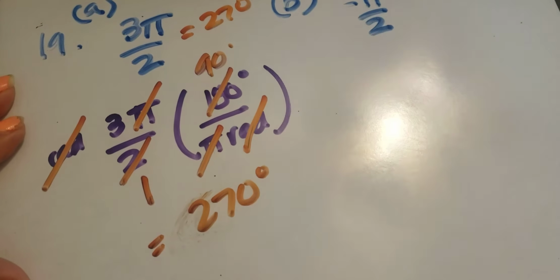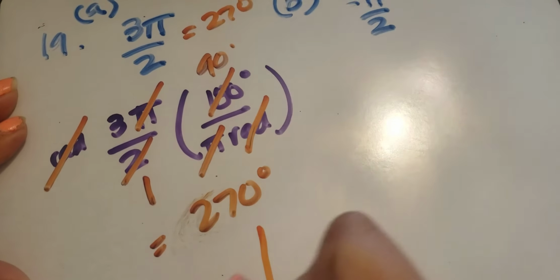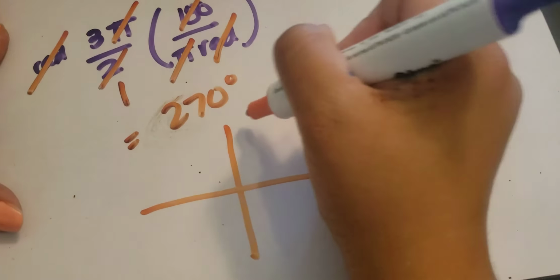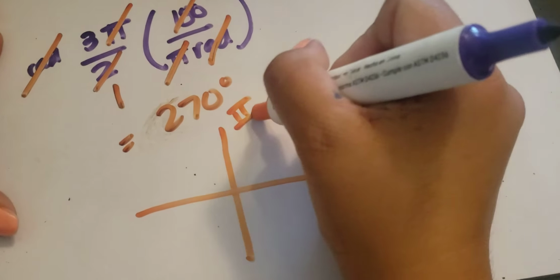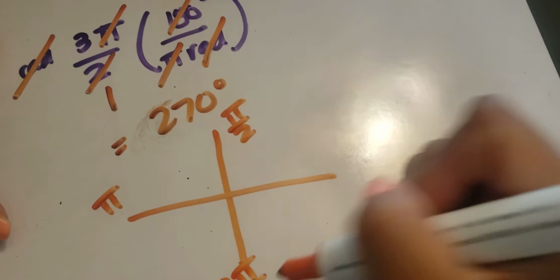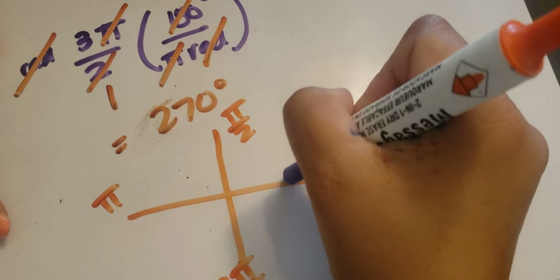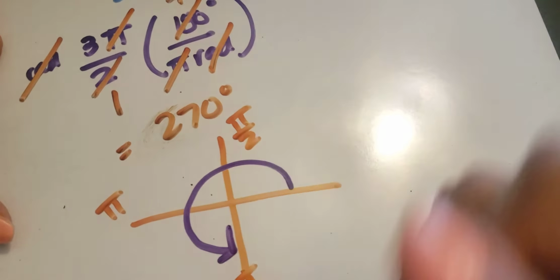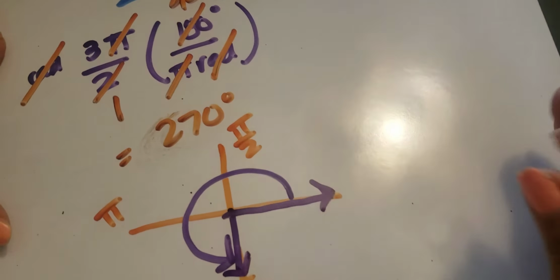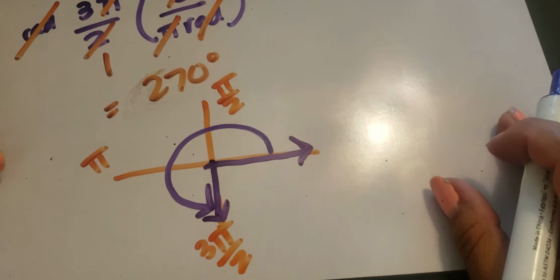But you already knew that. I'm just going to do a quick draw here. We know that this is 0, this is pi over 2, this is pi, and this is 3 pi over 2. So what our angle looks like, from here to here, this would be our angle. And we want to make sure we draw our lines, and we move counterclockwise. So we already knew that.